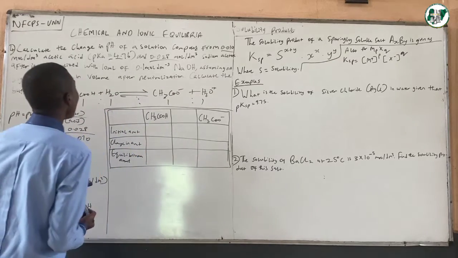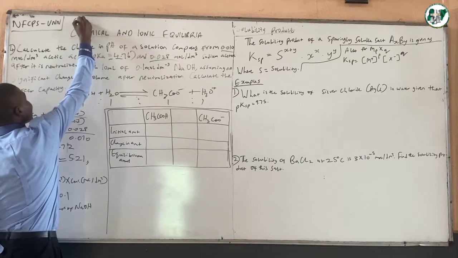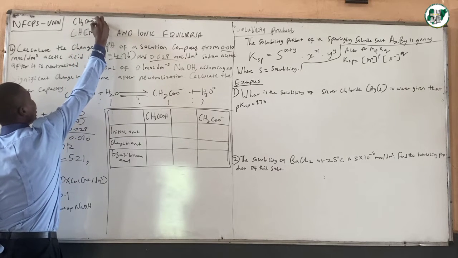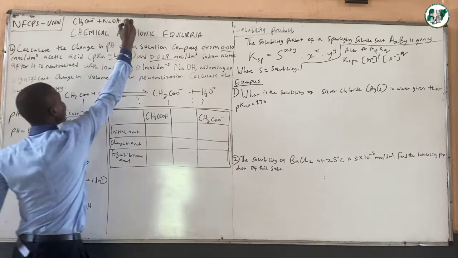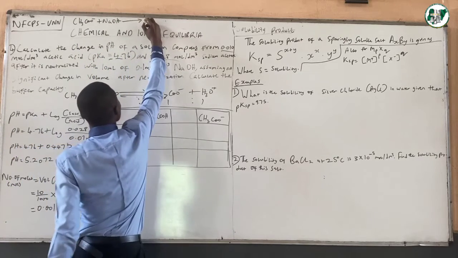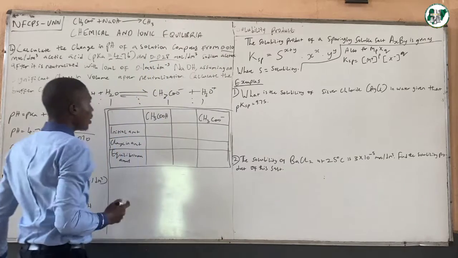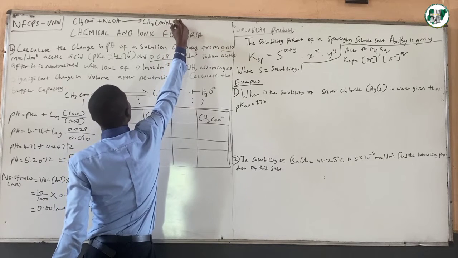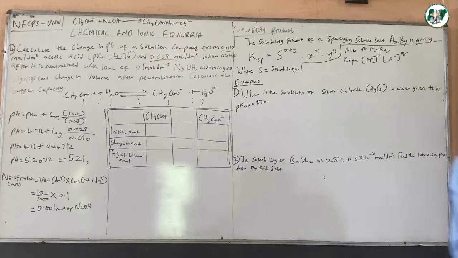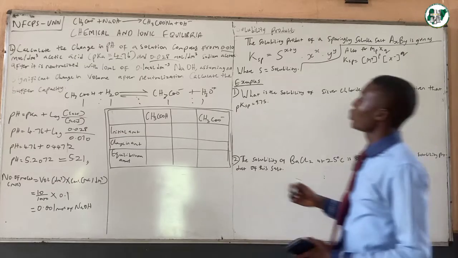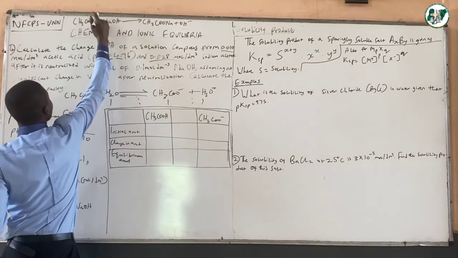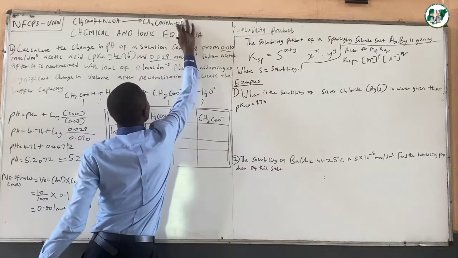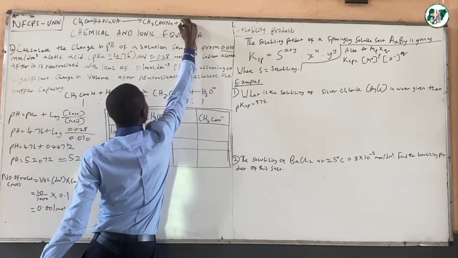So let me show you something. When you add NaOH, the reaction moves to CH3COONa plus OH minus, and the acid CH3COOH moves to CH3COO minus plus H2O.